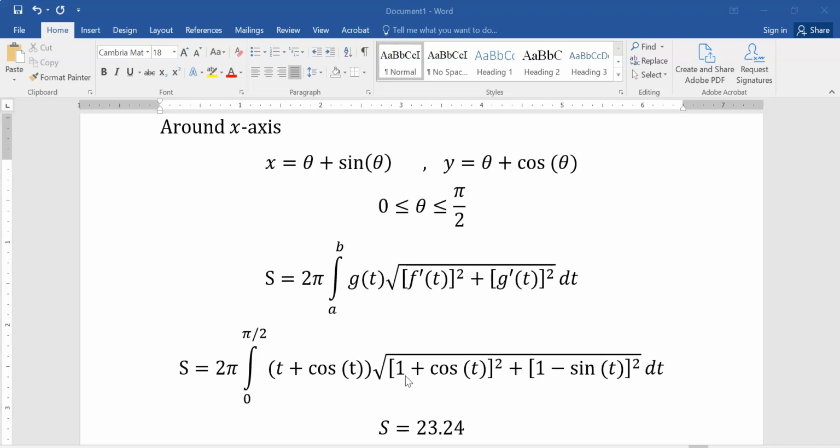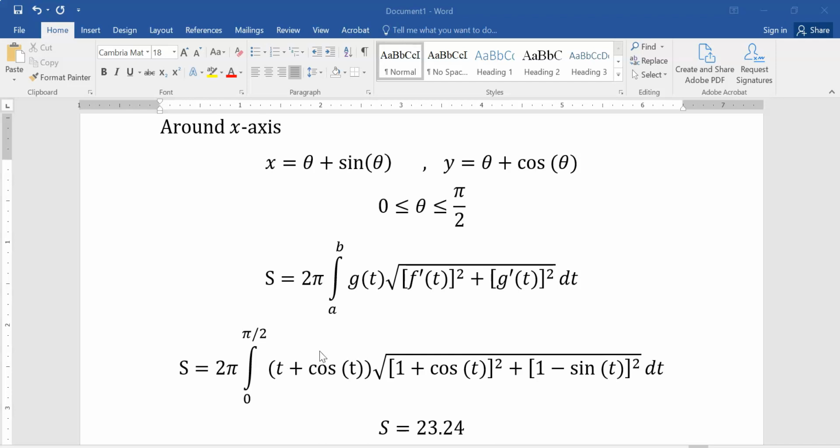I use t, so 1 plus cosine t, and all of that gets squared in parentheses, plus the derivative of y, which is 1 minus sine theta. So 1 minus sine t squared is also underneath that square root. We're integrating from 0 to pi over 2. Make sure your calculator is in radians mode when you do this.